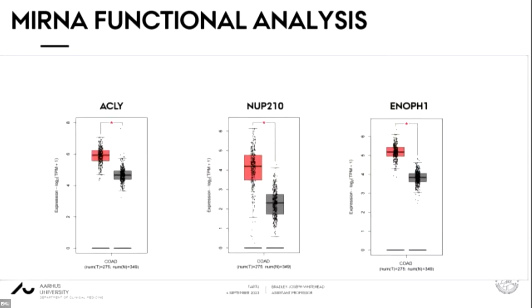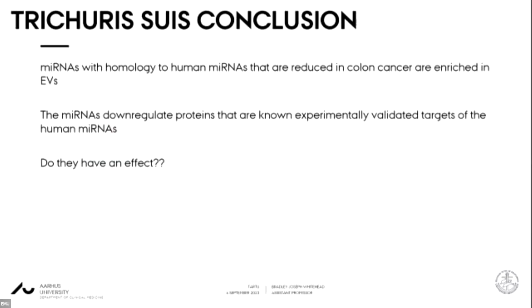When we looked at the cancer genome database, these are just three randomly selected, but this follows a pattern for most. We see that these are actually downregulated in colon cancer. So in conclusion, for Trichuris suis, we have microRNAs with homology to human microRNAs that are reduced in colon cancer, and these are specifically enriched in the EVs.